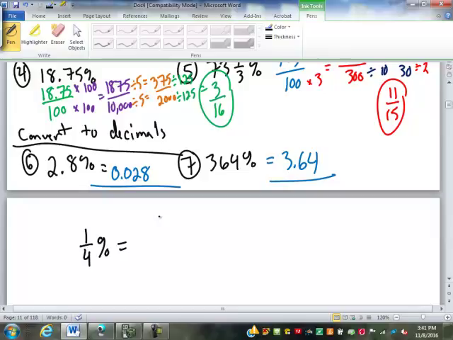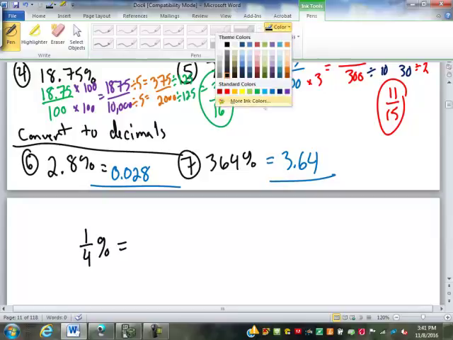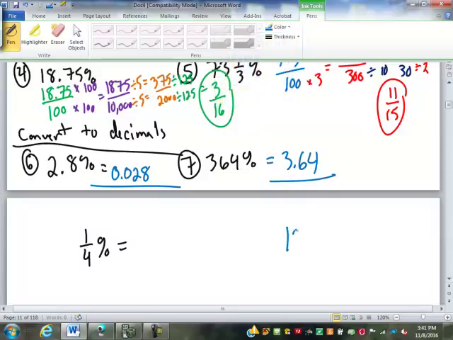But I brought up the fact that 1% as a decimal is going to be 0.01. So 1/4% is definitely smaller than 1%. So as a decimal, it better be smaller than 0.01. And we discovered that it has to be 0.0025. The 0.25 is the 1/4 still as a decimal.